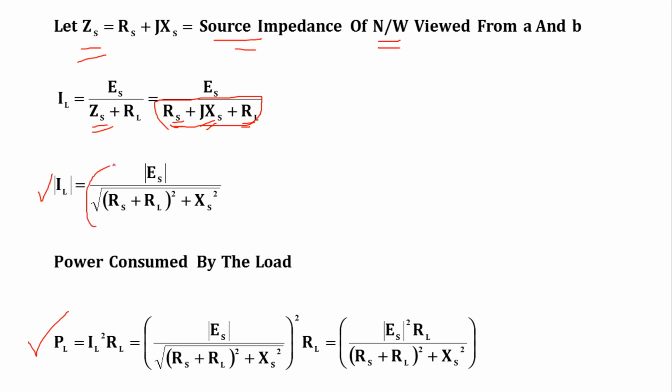So we will replace IL with mod ES upon square root of (RS plus RL) whole square plus XS square. So this is IL square into RL. After simplification we will get mod ES square into RL, as the square root and square cancel out, over (RS plus RL) whole square plus XS square.